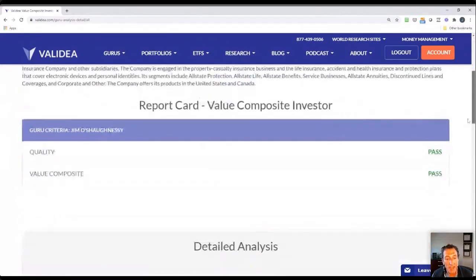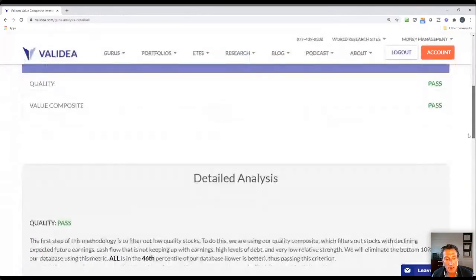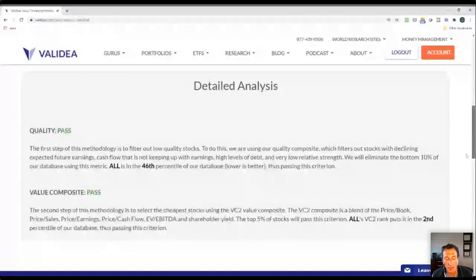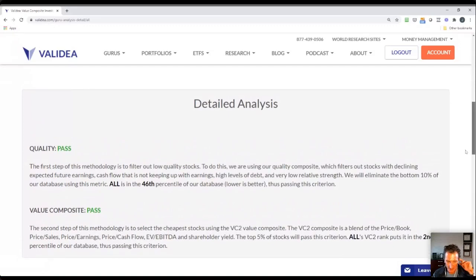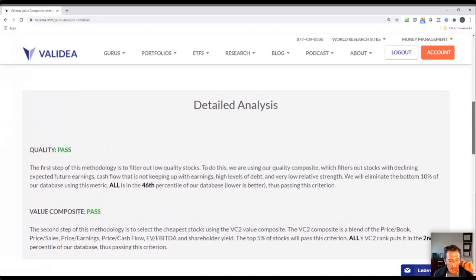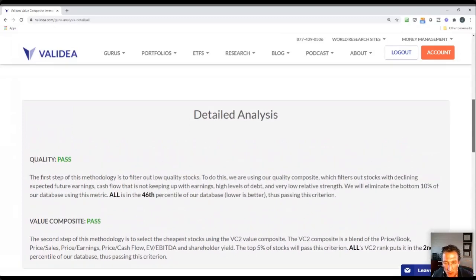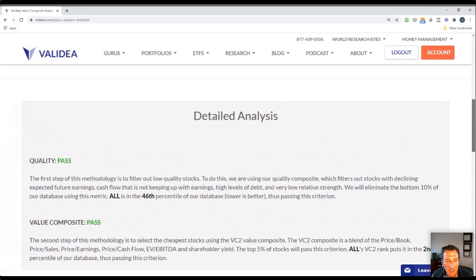So here we're looking at the detailed analysis. This looks quite simple, but it's an interesting strategy. It was developed by James O'Shaughnessy. It's called his VC2, or his value composite model. What O'Shaughnessy is doing here is there's first a quality filter.